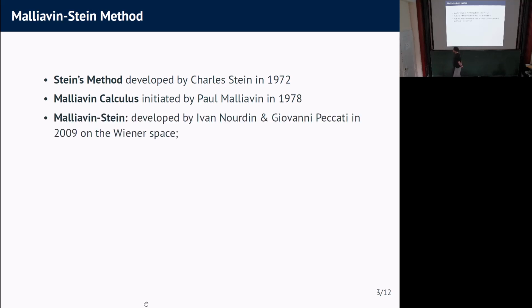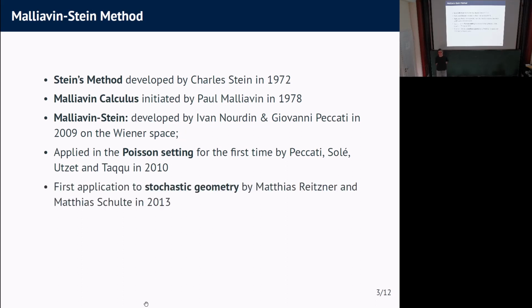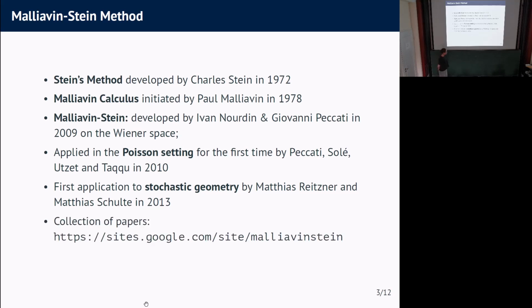But in fact, the two were only combined in 2009 by Nourdin and Peccati on Wiener space in a Gaussian context, and then shortly after it was done for this Poisson setting that we're in as well. The first application to stochastic geometry was in 2013 by Matthias Reitzner and Matthias Schulte. And in fact, this combination of the two methods has been quite prolific.